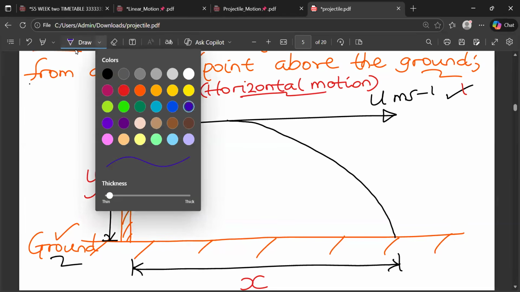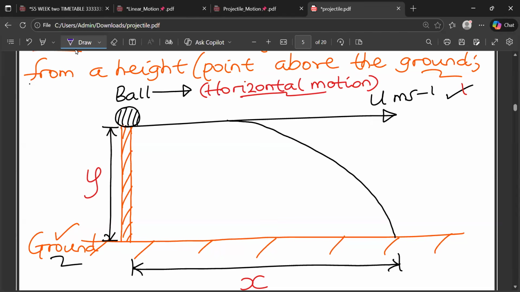So I'm going to come here and say, in the horizontal motion, my a is 0 meters per square second. I don't know if that is clear, but I'm assuming it is. That is it.